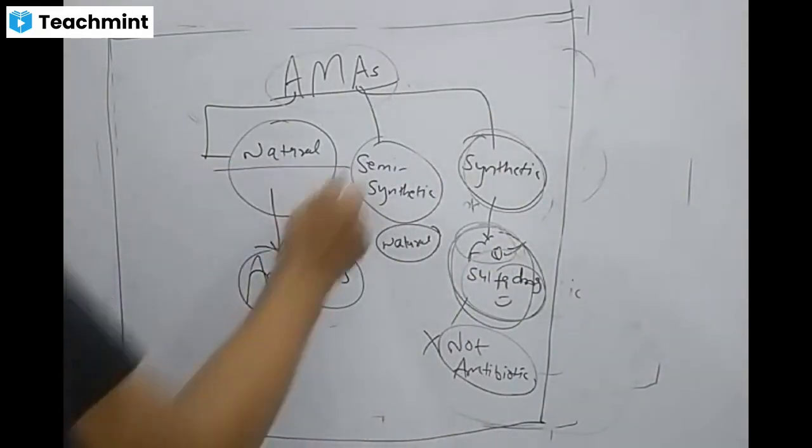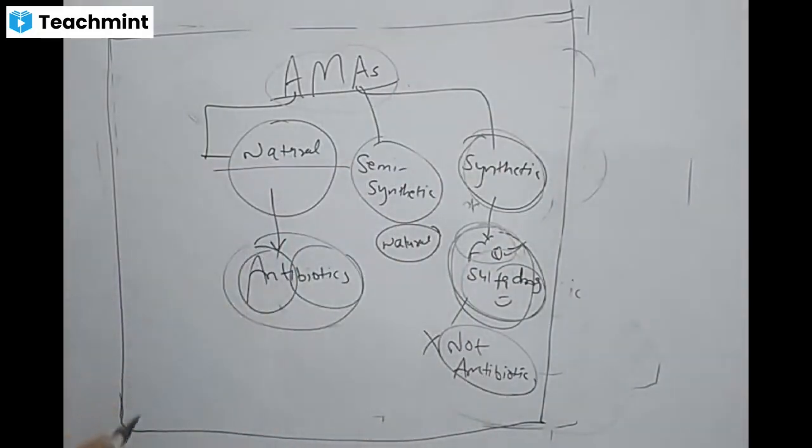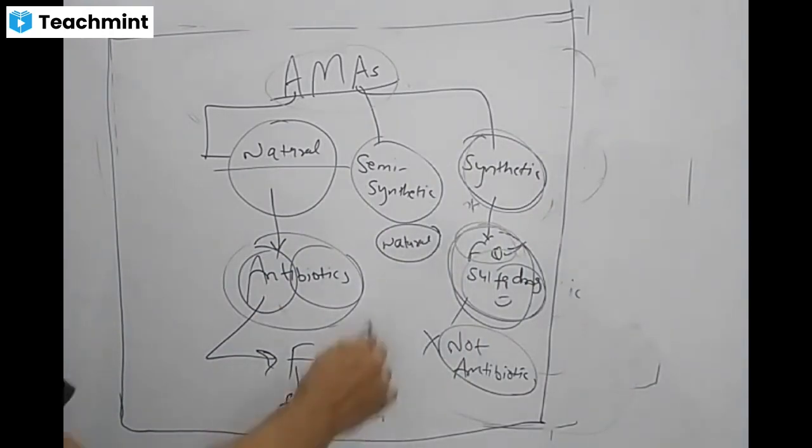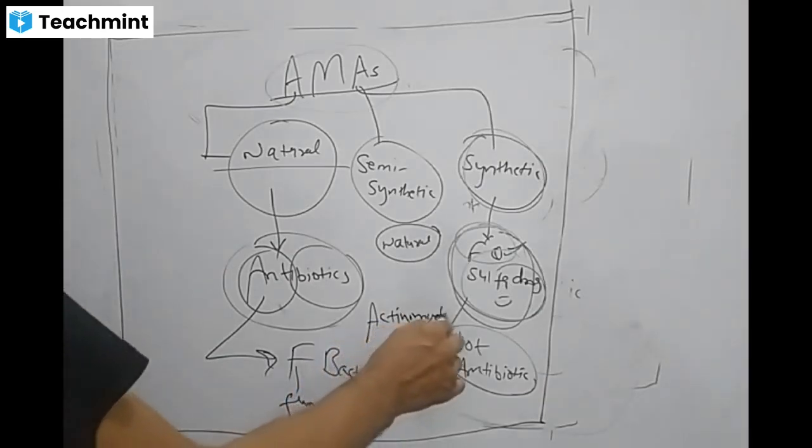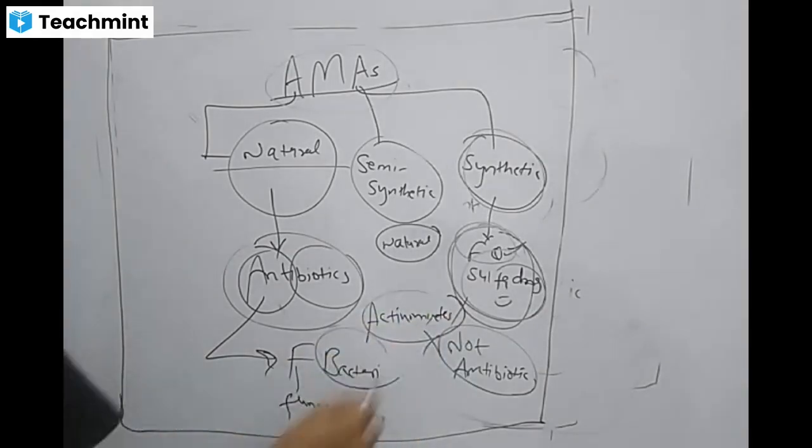And the natural ones are called antibiotics. These antibiotics are produced by F, B, A: that is fungus, bacteria, and actinomycetes. These are the three sources which produce antibiotics.